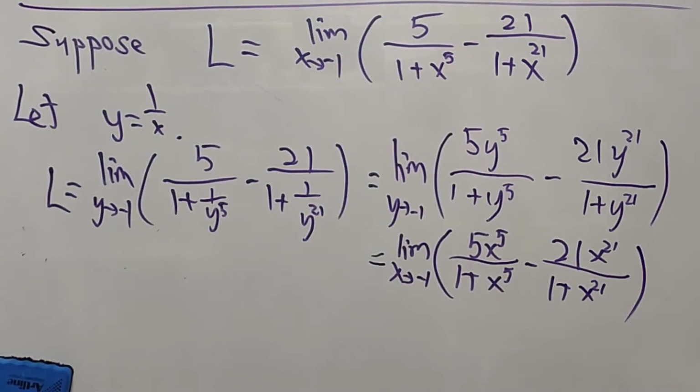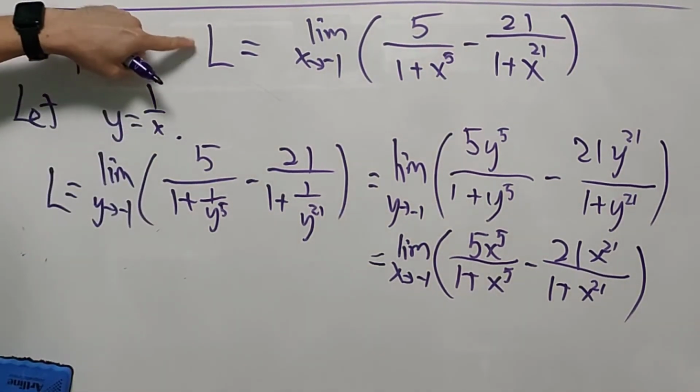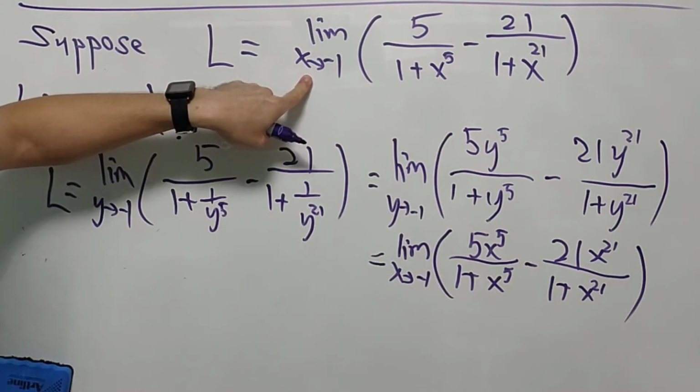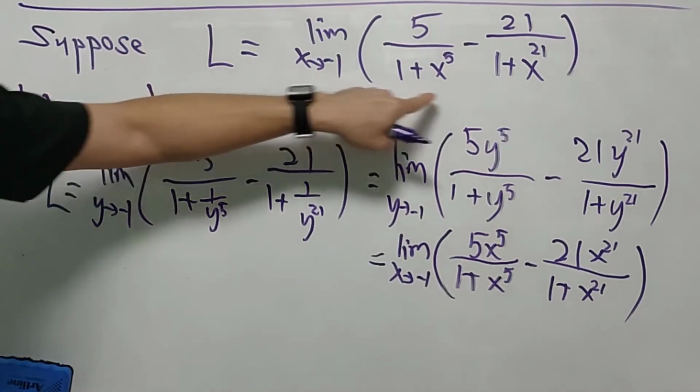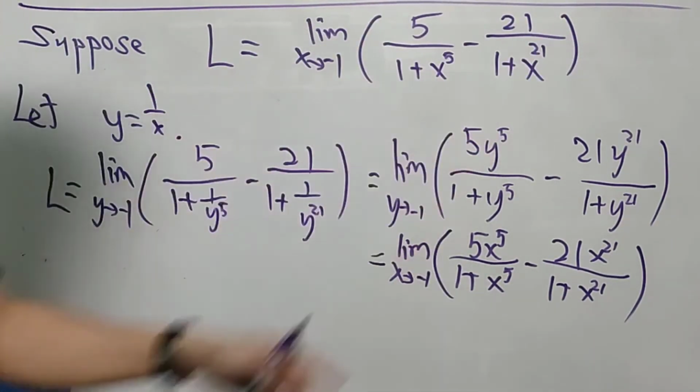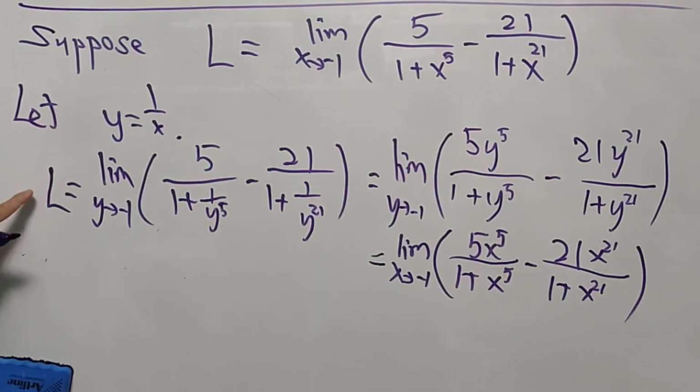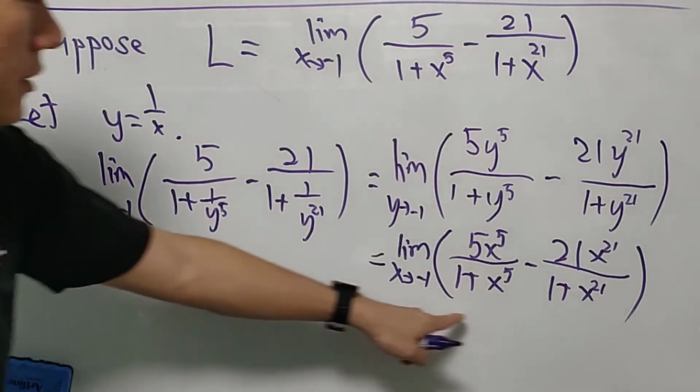That is an interesting observation here. Now we look at the original L, where x goes to -1, and with this term. After some technique, L can be written in this way as well.